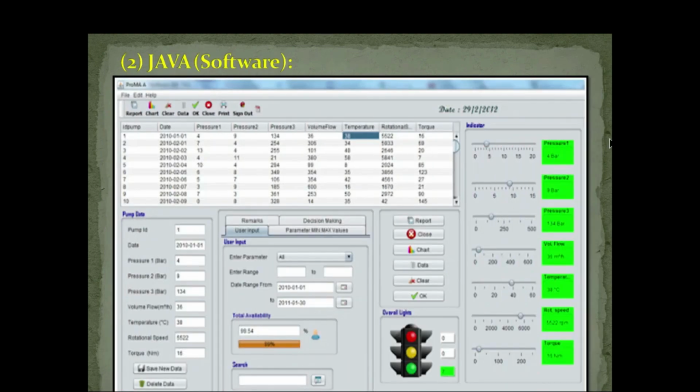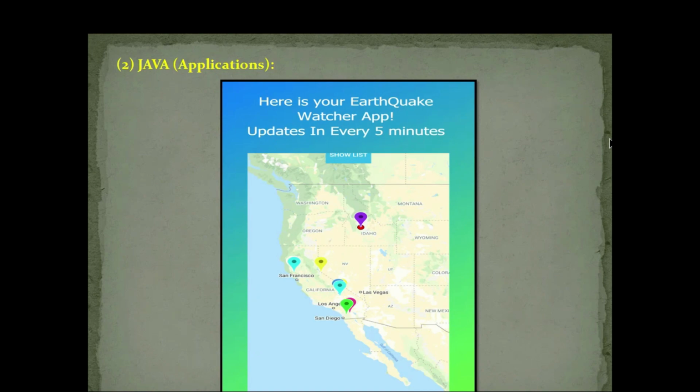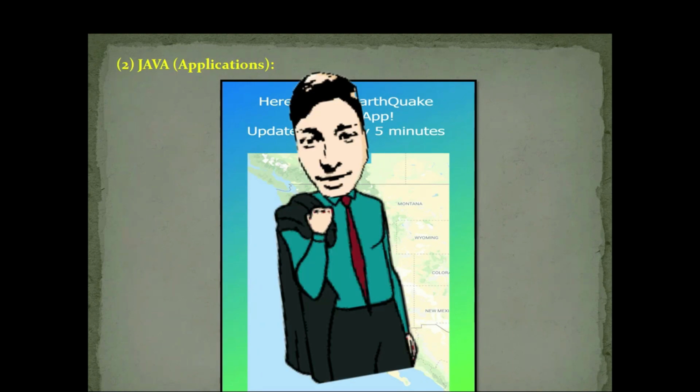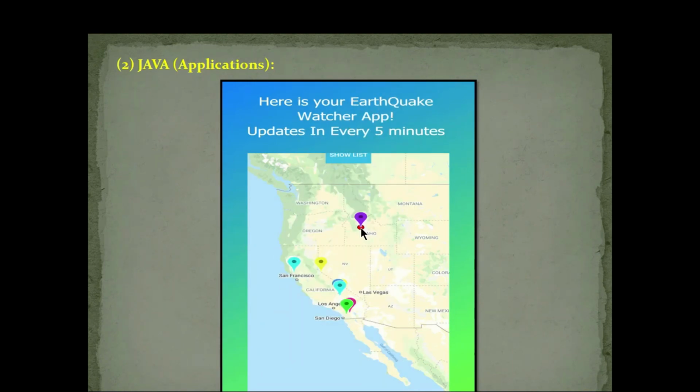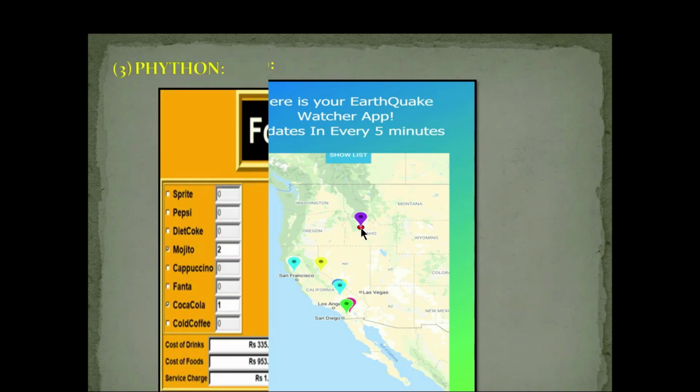And by using Java, you can go for either software or an application. As you can see this application, I would like to tell you that this is my application which I built earlier, and you can check it out if you want these kinds of applications also. The link will be in the description box.